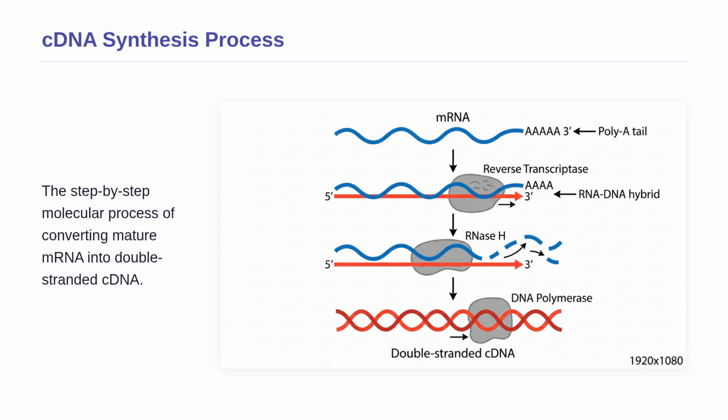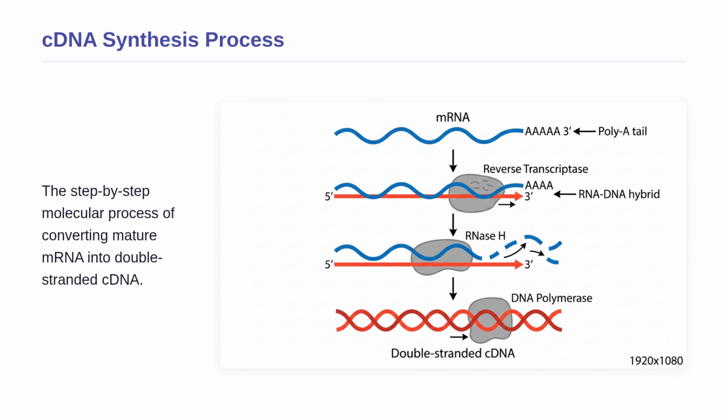To solidify our understanding, let us walk through the molecular diagram of cDNA synthesis. At the very top, we start with a single strand of mature mRNA, identifiable by its poly A tail. Moving down, we see the reverse transcriptase enzyme in action, using the mRNA as a template to build a complementary red DNA strand, creating a temporary RNA-DNA hybrid.